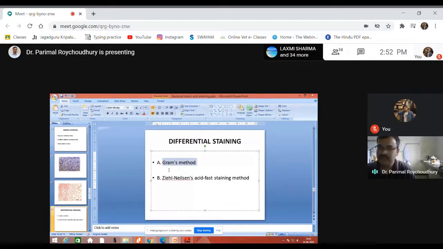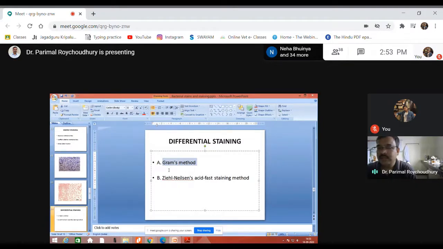This is the first primary thing we do in the investigation of any bacterial infection, to understand whether it is a gram-positive or gram-negative bacterium. If we come to know that it's gram-positive, then we concentrate on all the different gram-positive bacteria having similar characteristics.